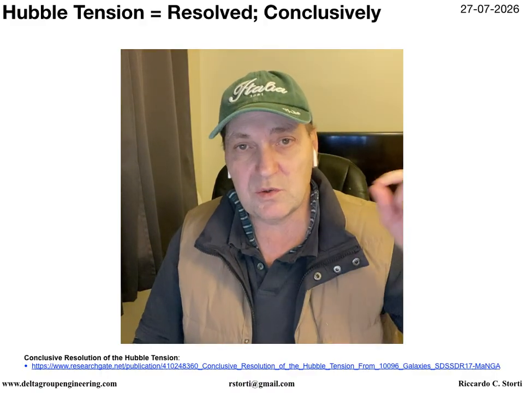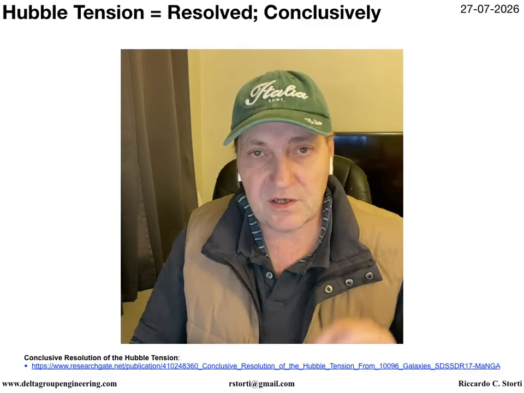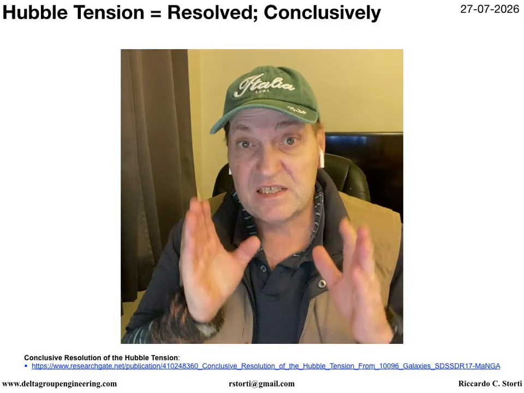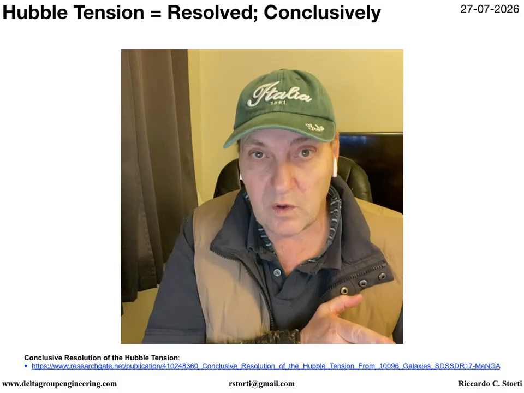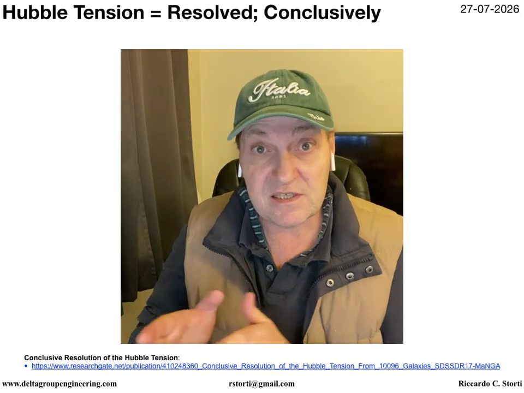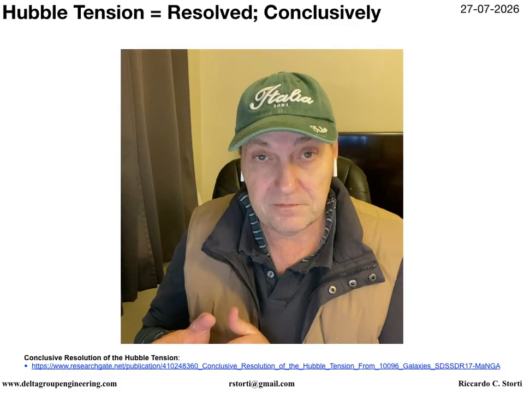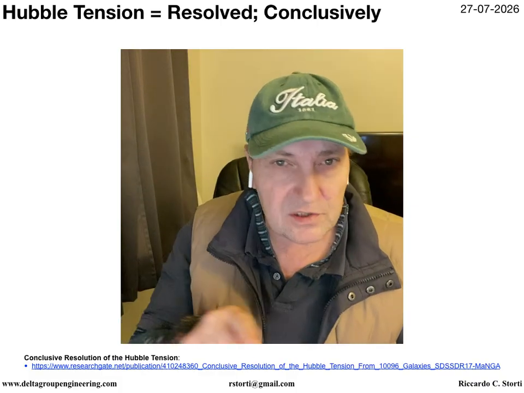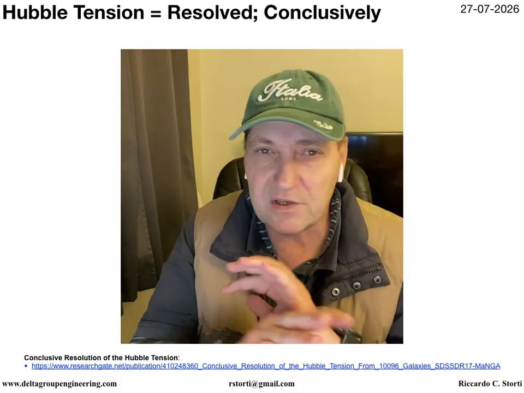That then goes into equation 1. Okay, so just think of it like this. 73 goes into equation 1, 67 comes out. All right, so there's no circular logic, there's no tautology, nothing like that.